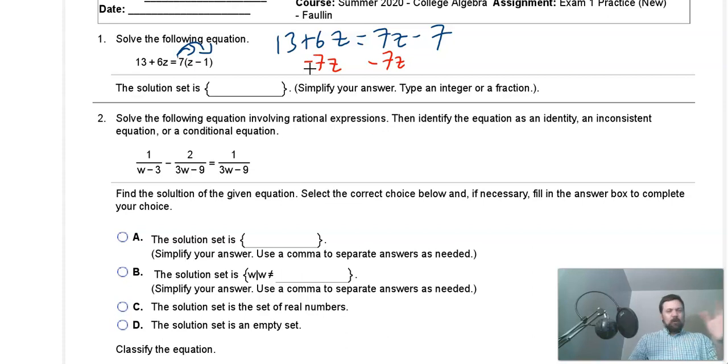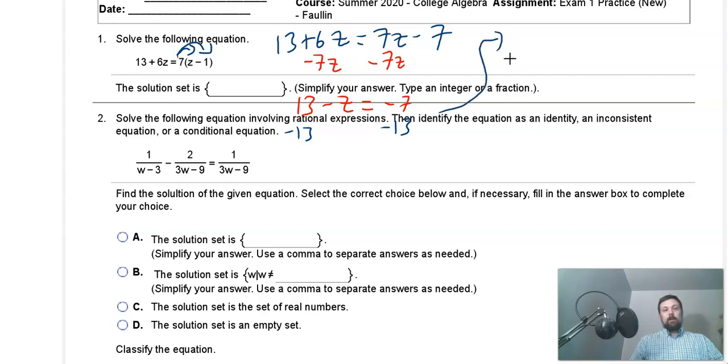And so we'll just do one step at a time. So we'll do that first, and we will get 13 minus z, right? Minus 1z if you want to put a 1 there, but 6z minus 7z is just going to be negative 1z. These cancel out, but we'll still have a negative 7 left over here. All right. Next, we will subtract the 13 to the right-hand side.